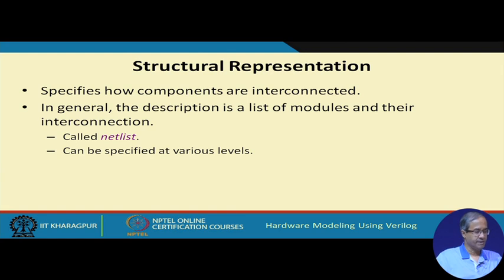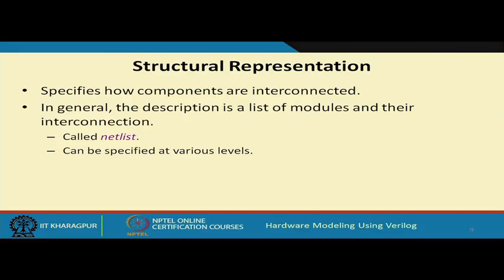Now, let us move on to structural specification. As I said, a structural specification actually specifies how some modules are interconnected. When we say that I am defining something in a structural way, it means I will have to specify the modules and I will also have to tell how they are interconnected.